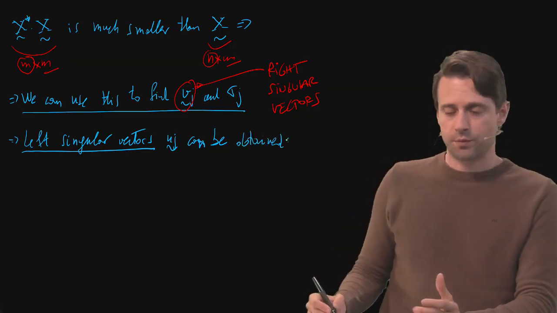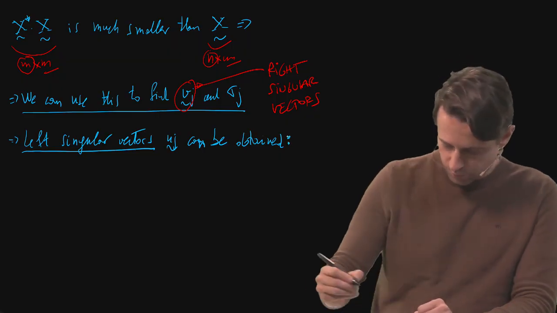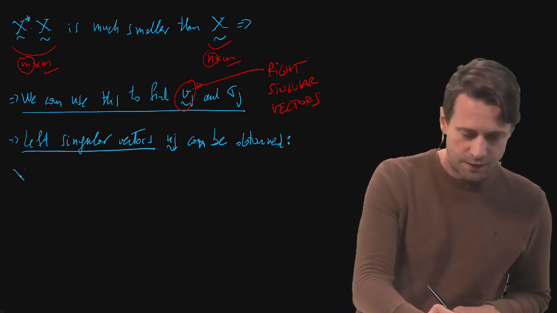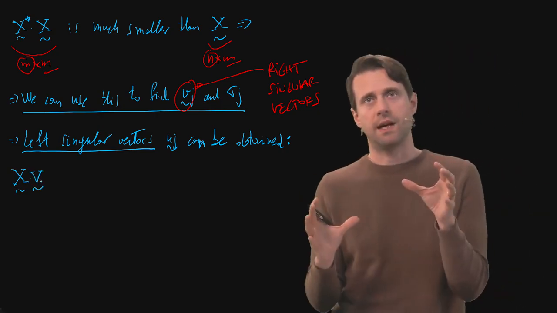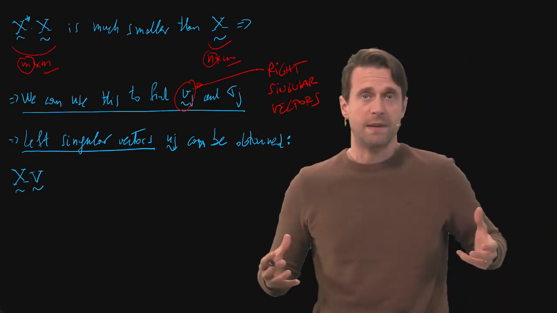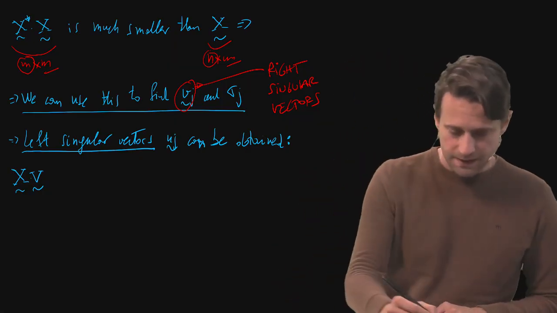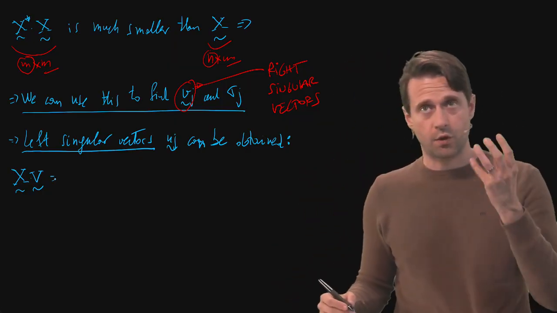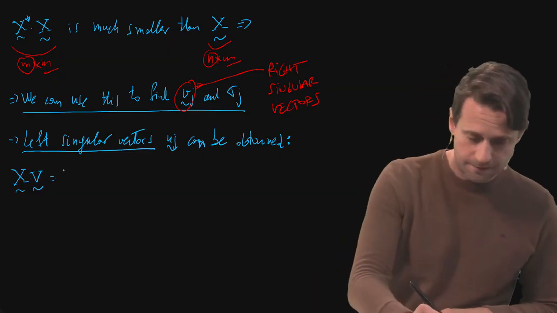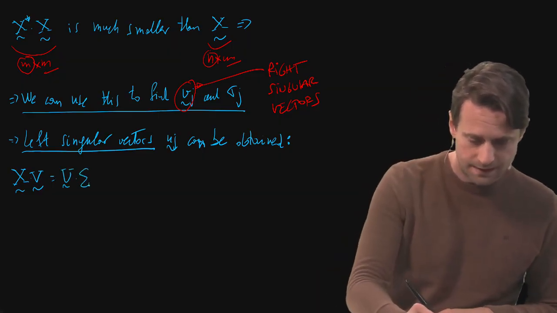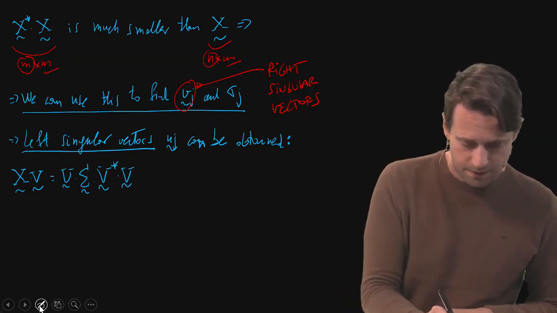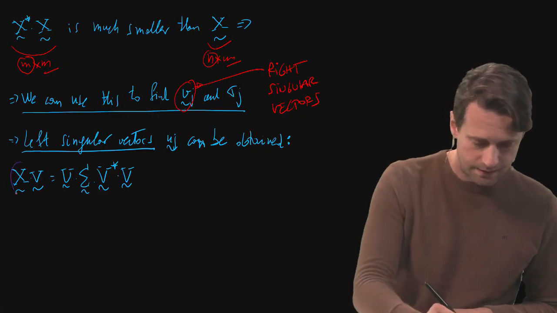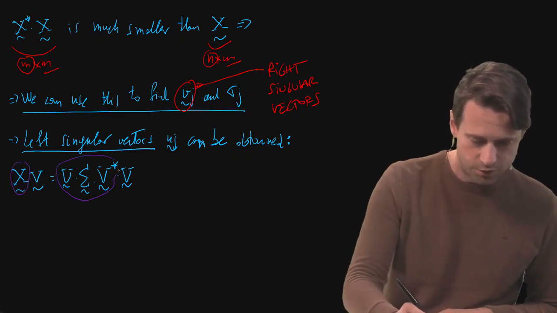Okay, so these ones can be obtained by using the properties that we know, because of the product X times V. So basically, I'm post-multiplying the data matrix with the V matrix. So X times V, if now I apply the SVD, I know that I can expand X, I'm going to have U times sigma times V star, and this is times V. Remember that this X matrix can be expressed like this, U sigma V star.